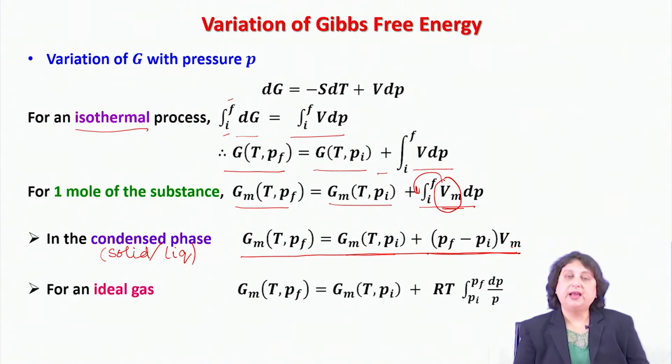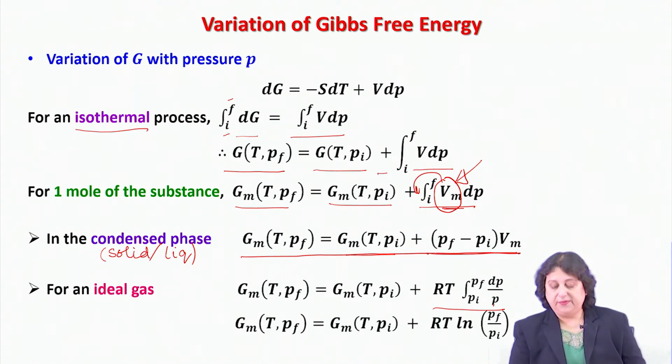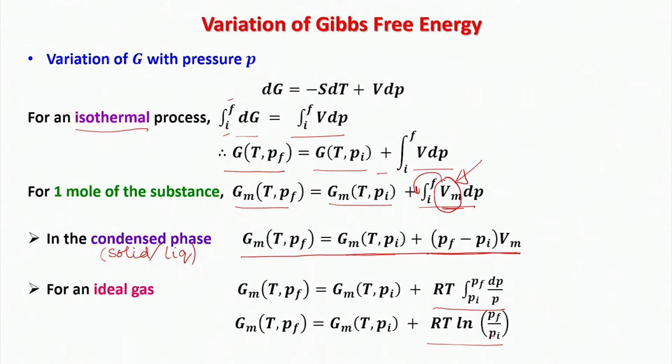Similarly, if you have an ideal gas, then once again you know the molar volume as a function of pressure. I can put it back here and do the integration and find that the molar Gibbs free energy is going to be given now in terms of RT ln Pf by Pi, where T is the temperature at which this pressure change is taking place.